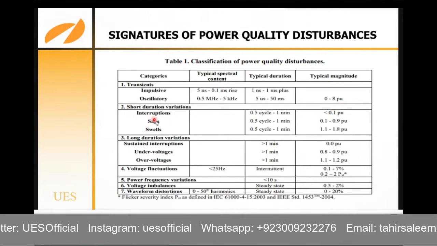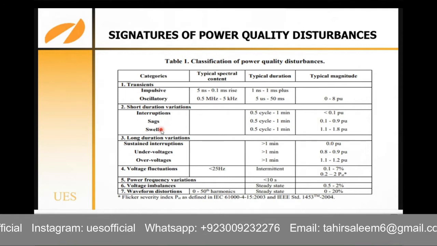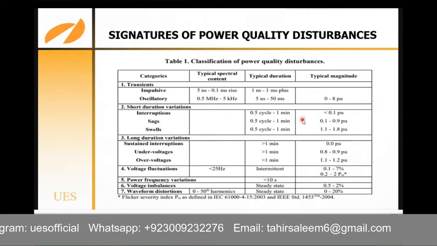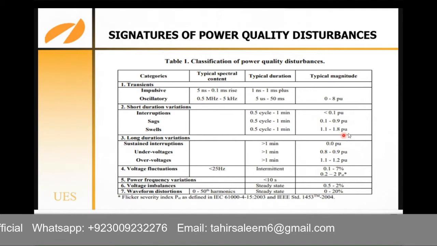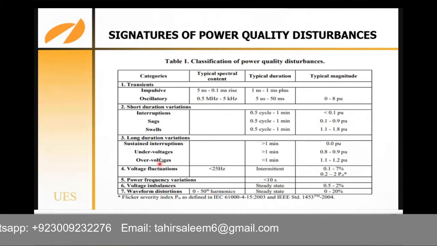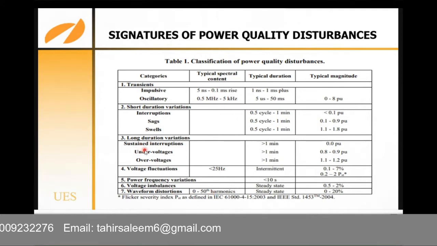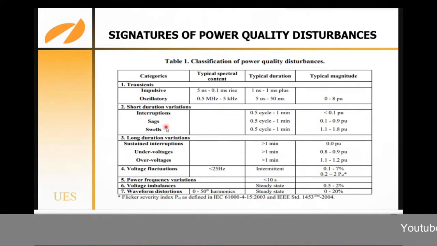Short duration variations include interruptions, sags, and swells, and the durations and magnitudes are present in this table. Long duration variations include sustained interruptions, undervoltage, overvoltage, and fluctuations. So these are all data which we have extracted from the IEEE 1159 standard.